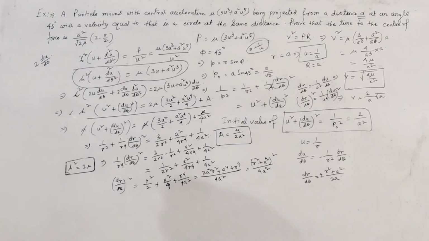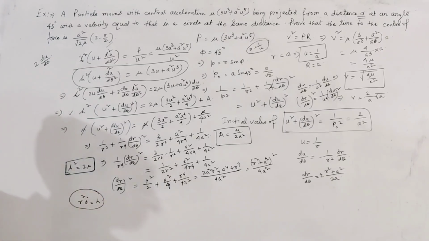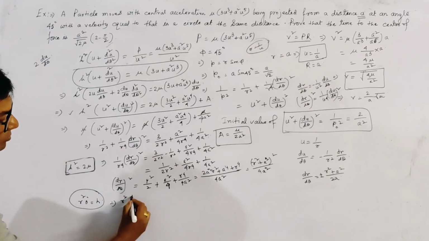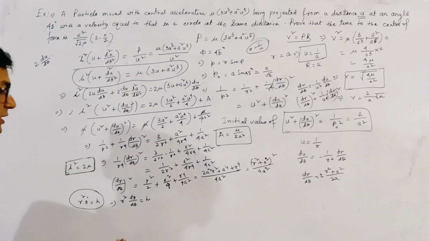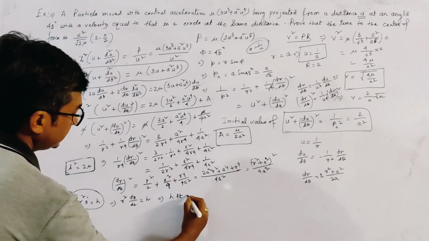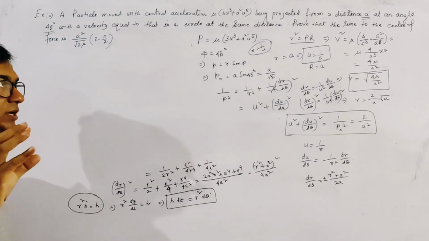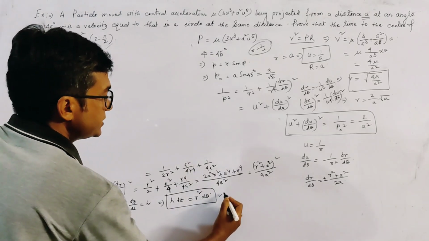Now in a central orbit we know that r square theta dot is a constant, given by h. This relation gives r square into theta dot, meaning d theta dt, equal to h, and so h dt equals r square d theta. To find the required time to reach the center of force, we integrate this result.